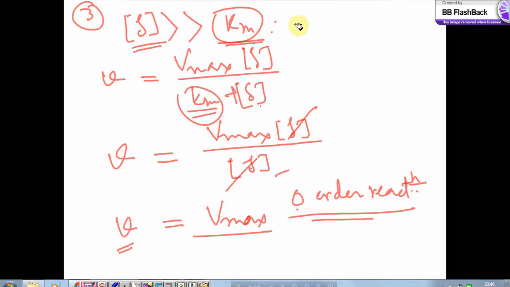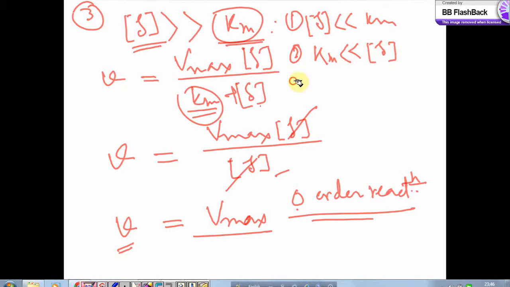We saw three conditions: where the substrate concentration is much smaller than the Km, where the Km value is much lesser than the substrate concentration, and where Km is equal to the substrate concentration. In these three conditions, we have discussed what kind of reaction will happen, the order of the reaction, everything.